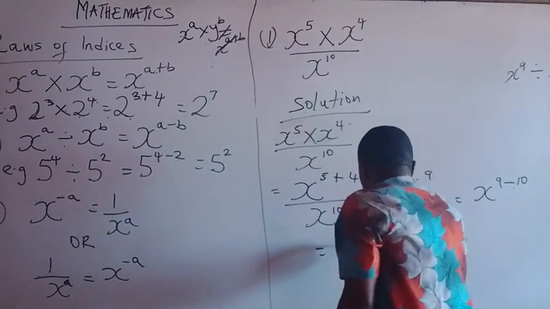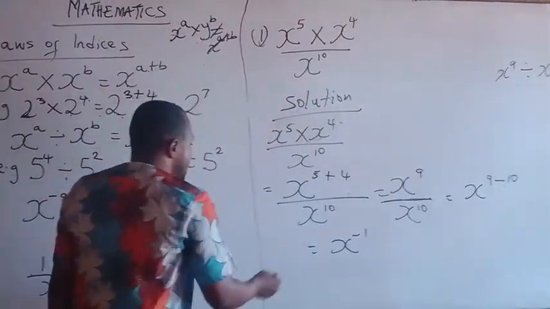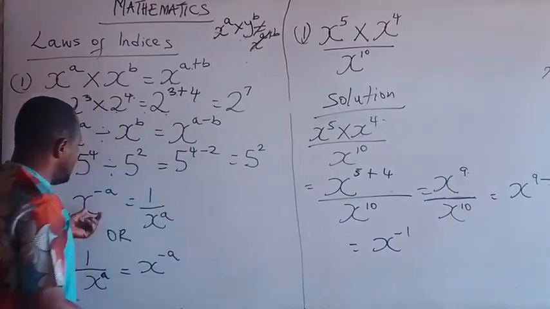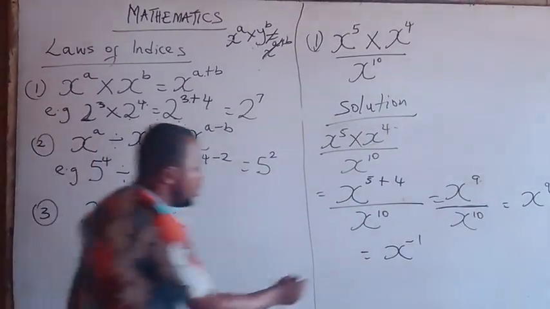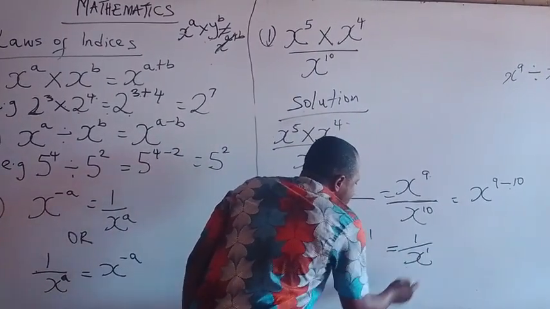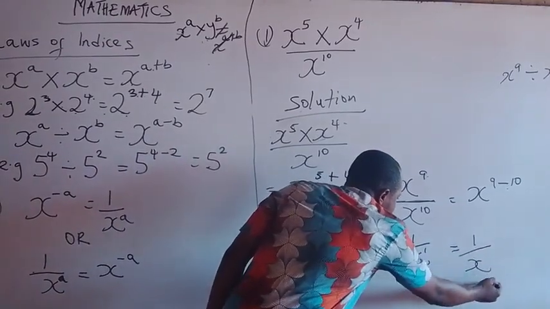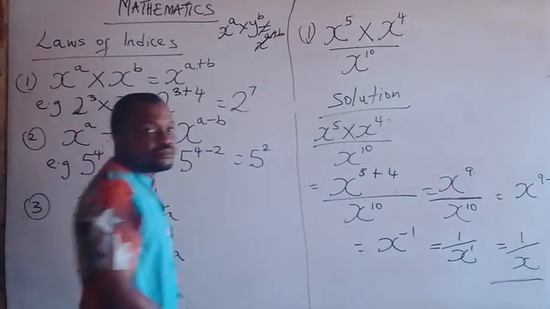So the answer is equal to x raised to power 9 minus 10, which is minus 1. So either you leave the answer like that, or you change this minus 1 to 1 over x raised to power 1. Normally, when it is x raised to power 1, you don't write the 1 there. So 1 over x is our answer.